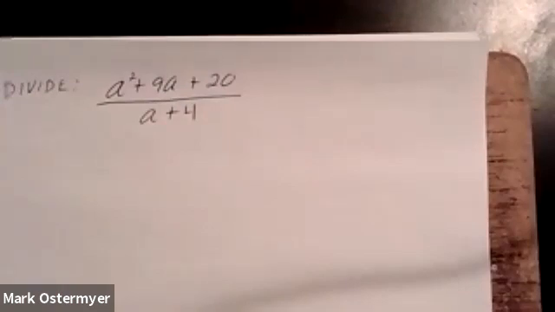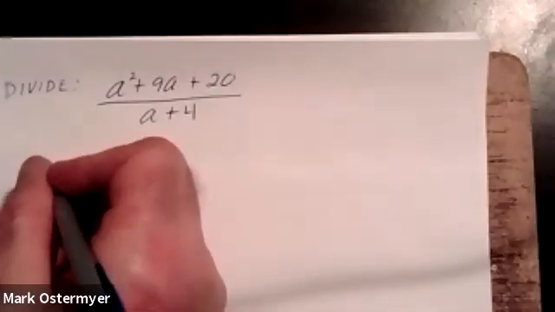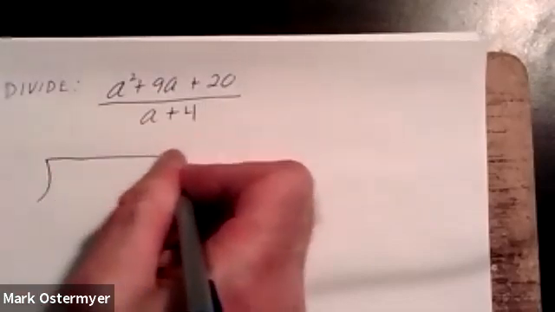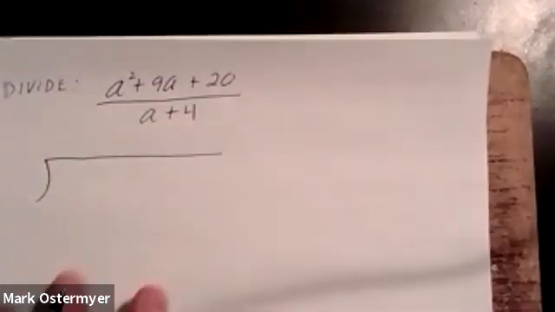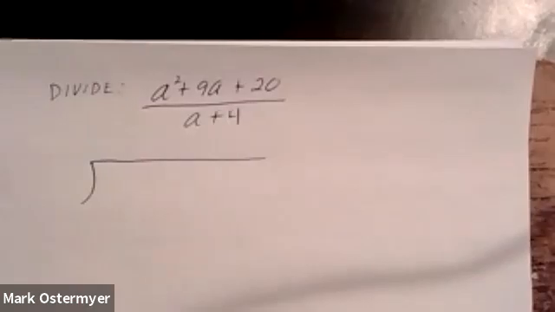All right. What's my divisor? What goes outside the division bar? A plus 4.